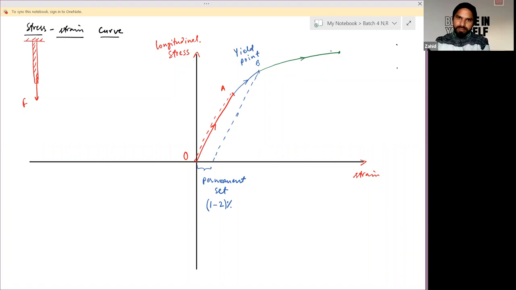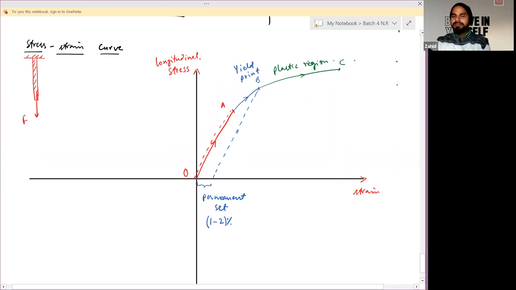So during B to C, there will be no elastic behavior of the object. So now the behavior of the object is termed as plastic. So this region from B to C is termed as plastic region. Is it clear? Yes, sir.